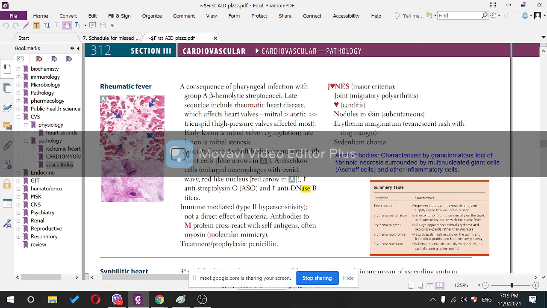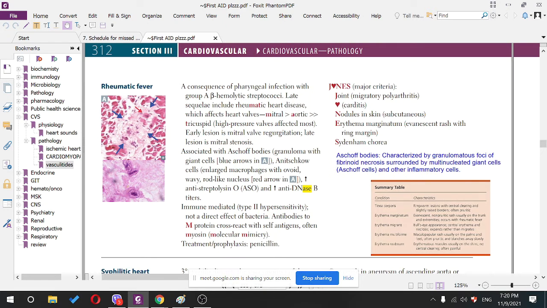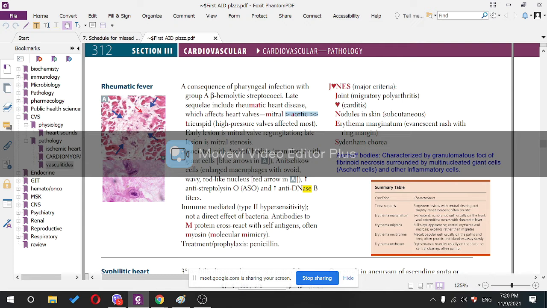So why? Because which one is dealing with the highest pressure here? Well, the mitral valve is not opening against the contraction of the left ventricle, and it's not opening against that. So higher pressure are first the mitral and the aortic, lastly the tricuspid.